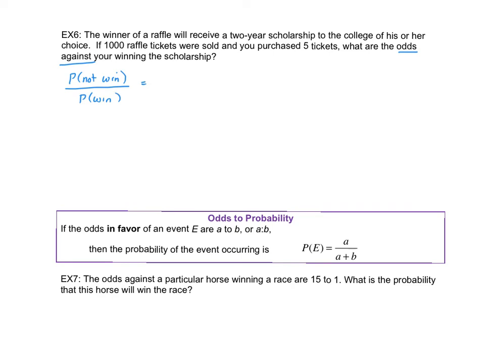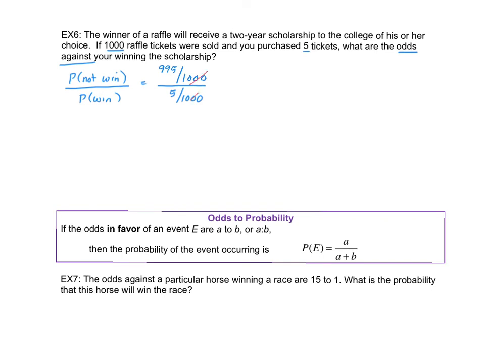The probability that you win is easier for me to figure out because I know that there were 1,000 raffle tickets sold, so that's the denominator of my probability, and I have 5 tickets. So there's 5 out of 1,000 ways for me to win. So not would be 995. So you could just use a not formula for that.